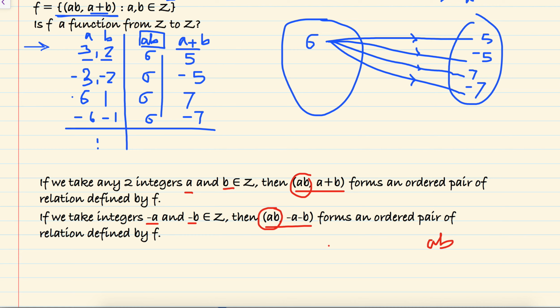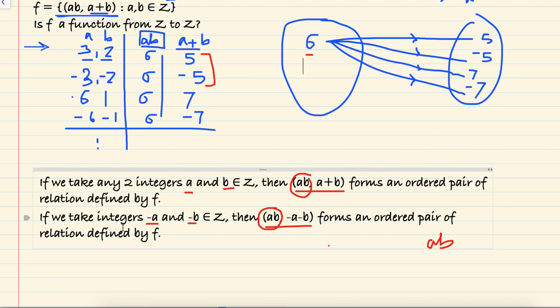We saw that for 6 at least we have two images, but we can have many other factors of 6. If we have a larger number, we will get many more images of that element depending on the number of factors in which we break it.